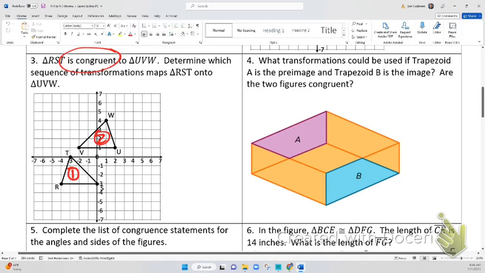So if you try to rotate it, if you try to do a translation, you're going to notice that you're going to have to flip your triangle. So whenever you flip your graph or your patty paper, first of all, that's going to be called a reflection. So that's the first thing you're going to need to do, a reflection. And in this case, we're going to do a reflection across the y-axis. Okay?